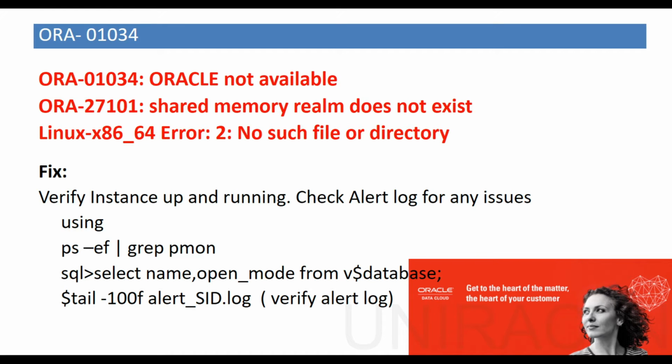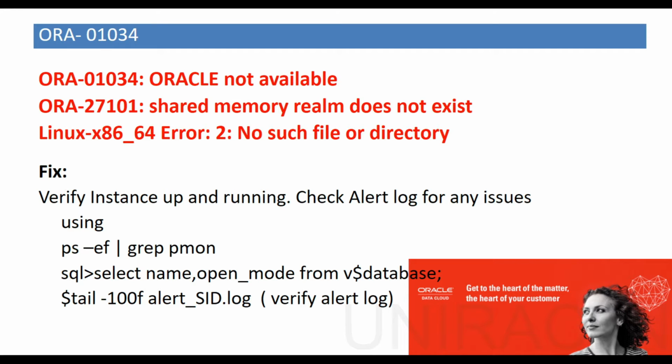For this kind of issue, we always need to check from the OS level first whether the instance is up and running. Once we receive the alert in your monitoring tool, either from a shell script to your mails, Outlook mails, or Oracle Enterprise Manager which you are monitoring, we need to give it priority because the instance is down and the severity is 1.